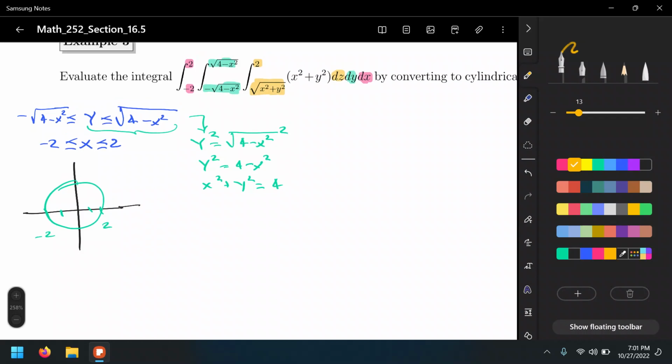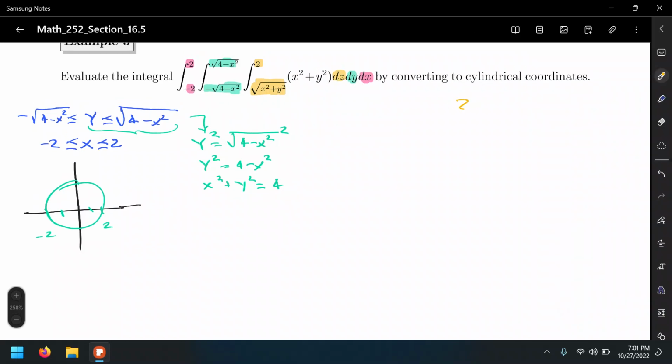However, I would like to start with the variable z. z is varying between the square root of x squared plus y squared and 2. But we need to rewrite this using our new coordinate system, r, theta, and z.